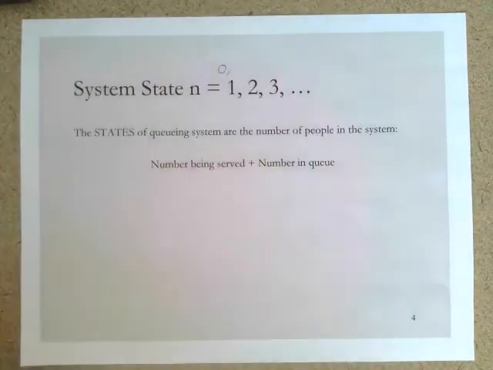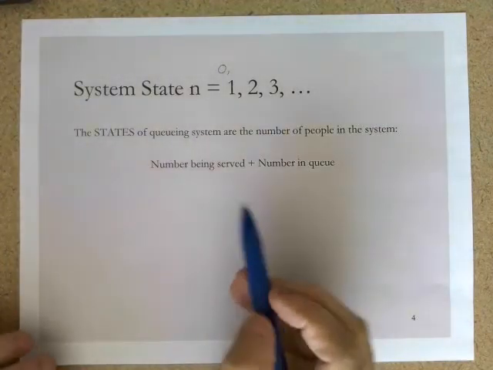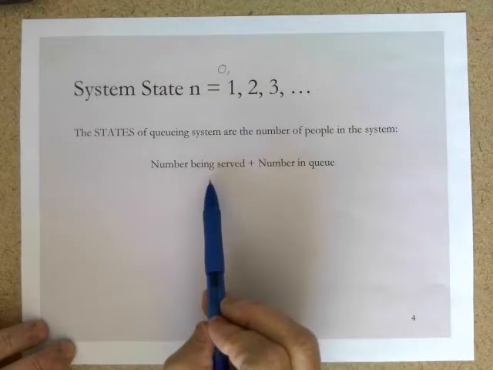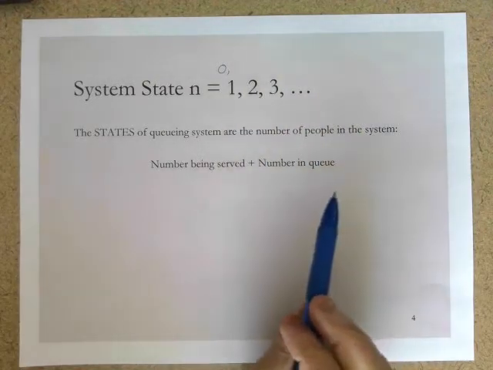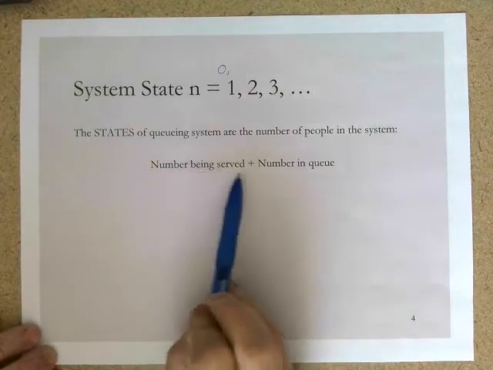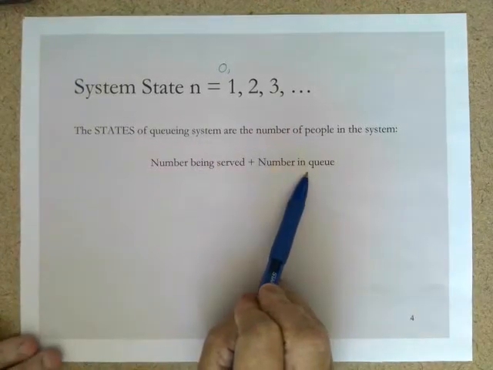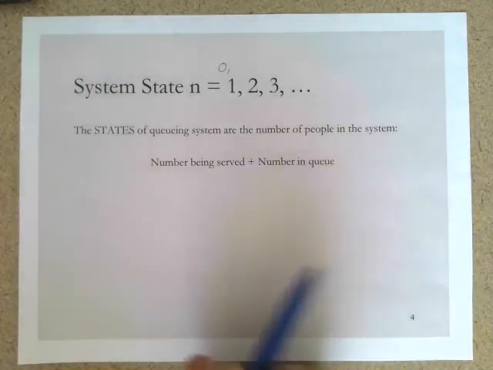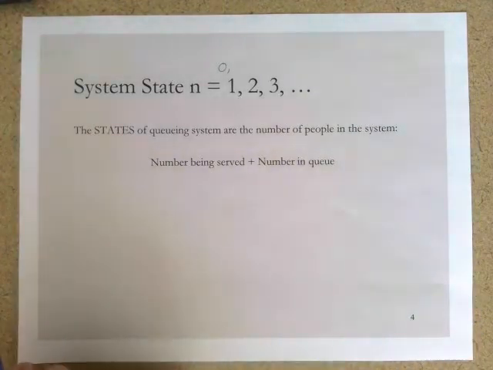We could be in state 0 where we have nobody in the system. So a system state is referred to as these integers. Sometimes it can be finite if the queue is finite, but we're always going to add the number of people who are in service plus the number of people who are in the queue, the waiting line, the people waiting for service.